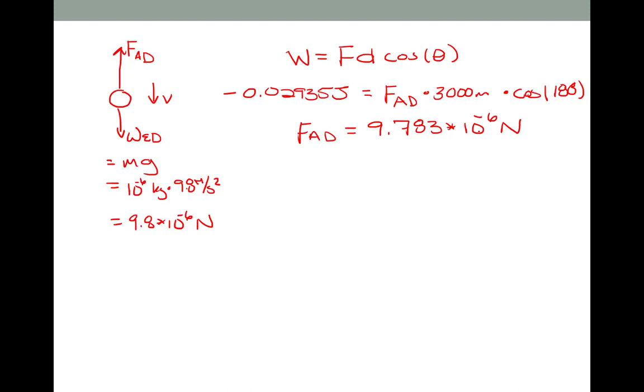Okay. Which is really close if you look to what the weight of the drop is. Which means, because the force here is roughly equal to the block's weight, that this drop, I said block here a minute ago, I meant drop. The drop is reaching terminal velocity.